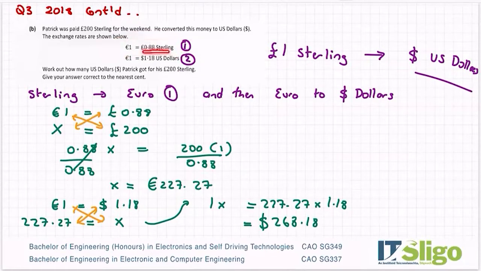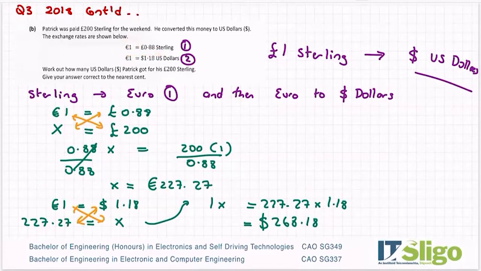So for 200 sterling, is that going to be more or less euros? Because the euro here is €1, it's bigger than the sterling, so the amount of euros is going to be bigger. That's why I'm not surprised when I see 227.27 euros for 200 sterling, because euros is bigger in the exchange rate formula.